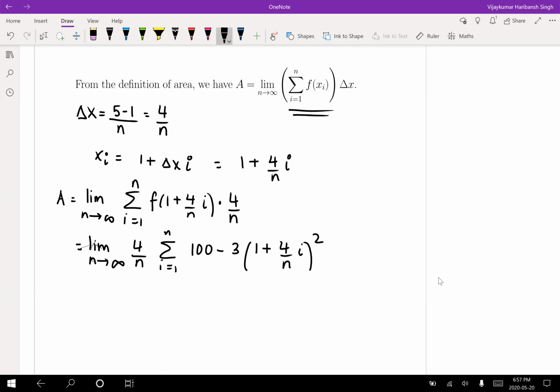Now this is the same as the limit as n goes to infinity, summation i going from 1 to n, 100 minus, let's expand this.